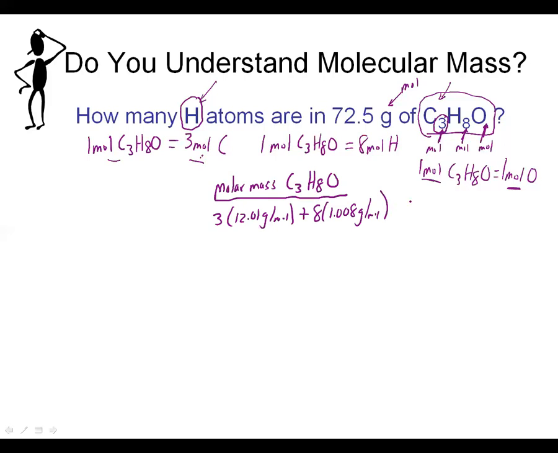And there's 1 oxygen at 16 grams per mole from the periodic table. And if we add all that together, we will get the molar mass for this compound, and it looks like it will be 60.09.